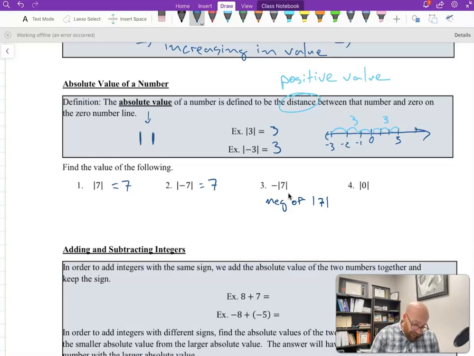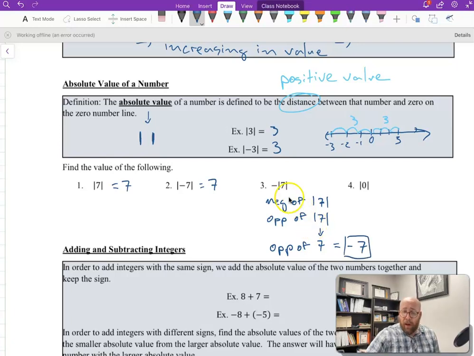Another word for negative of could be opposite of the absolute value of 7. What is the opposite of the absolute value of 7? Well, we already know that the absolute value of 7 is equal to 7. So this question becomes, what is the opposite of 7? And the opposite of 7 is negative 7.